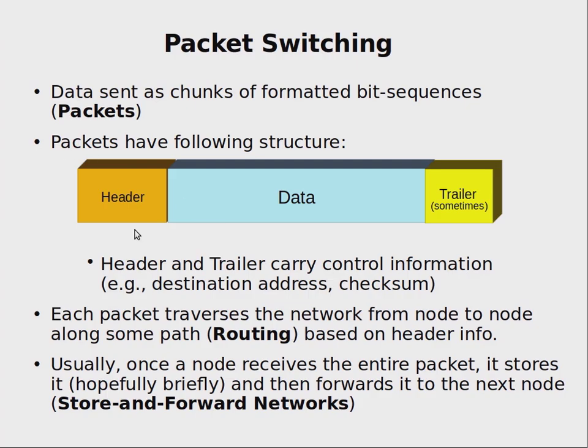You always need to add some header which says this packet is going from here to here. So that is overhead, but it is good overhead, because if some of the packets are lost, then only some packets are lost, not the entire communication, because each of these packets may be sent through the packet switched network independently.